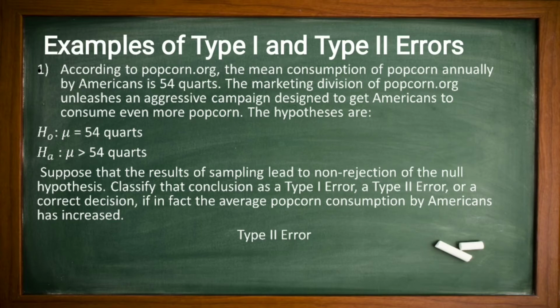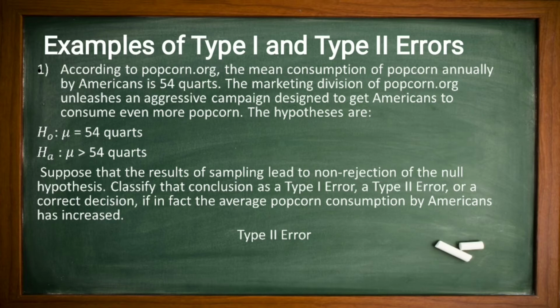Okay, so dito po, suppose that the results of sampling lead to non-rejection of the null hypothesis. Classify that conclusion as a type 1 error, a type 2 error, or a correct decision, if in fact the average popcorn consumption by Americans has increased.